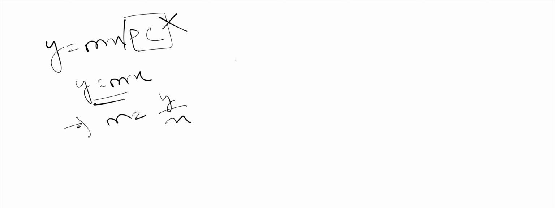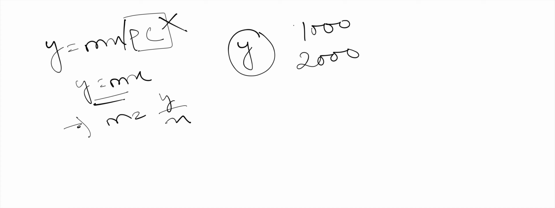Now, as it is supervised learning, we are giving our input and y. Suppose let's say this is what our data looks like: 1000, 2000. This is our input data, house 1, house 2, square foot area. This is x.